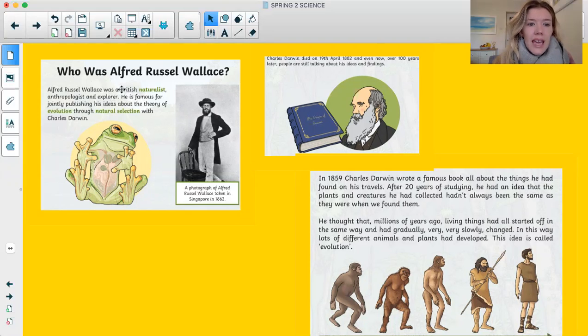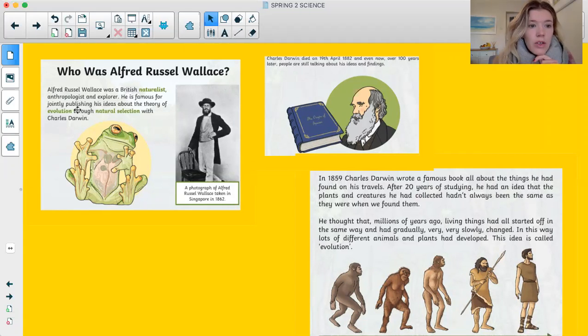He was a British citizen, a naturalist and explorer. Some of you may remember from Year 5 that he took a lot of time exploring the Amazon. He really delved into the rainforest and did lots of his research in Brazil.